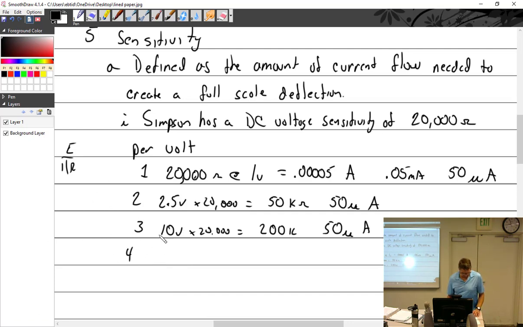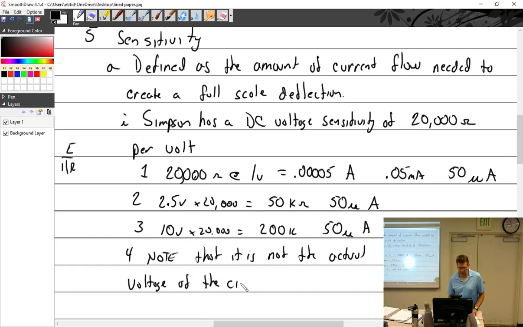So what did I put here? I put the note that it is not the actual voltage of the circuit measured.